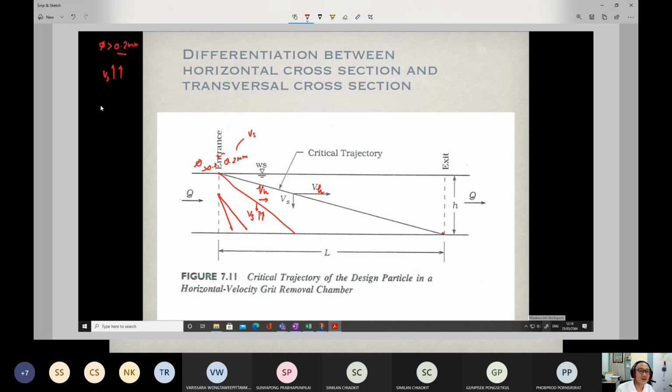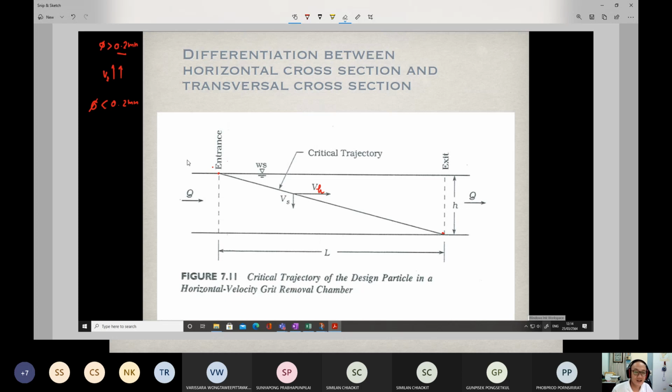But the problem is what happens to the particle with size smaller than 0.2 millimeters? Some particles will settle, but some will not be removed within this distance.